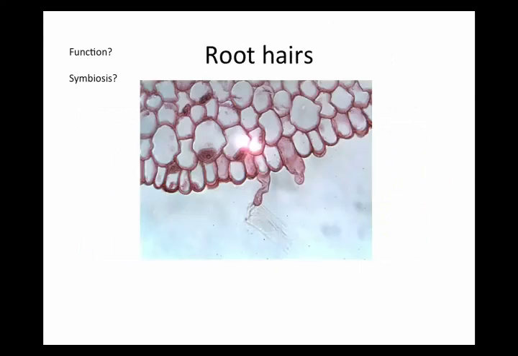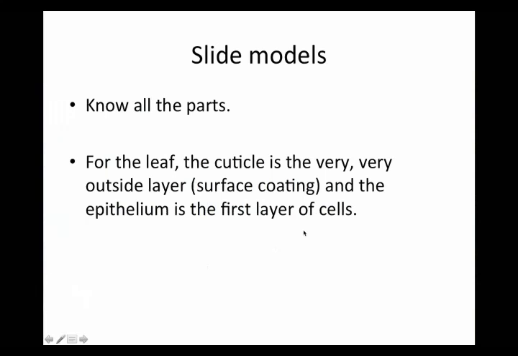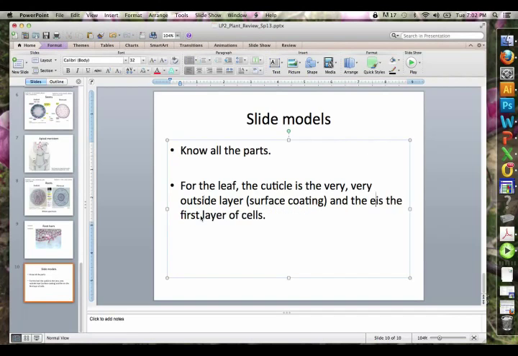Oh, I wanted to mention that on the model for the leaf, there were two labels backwards. So the cuticle is the very outside layer of the leaf, the surface coating on the top and the bottom, actually. And then the first layer of cells on the top and the bottom of the leaf is the epidermis.